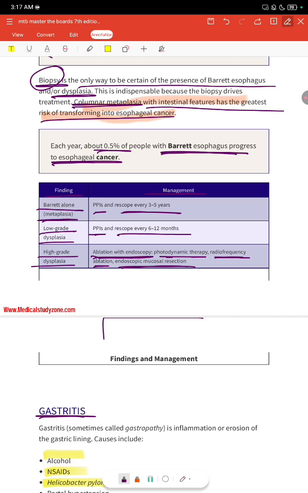Endoscopic ablation is basically using an endoscope to deliver energy that destroys abnormal tissue inside the GI tract. No surgical cuts. All done through the mouth or anus with a scope. So the precancerous lining in the lower esophagus is ablated in these cases, because it prevents esophageal adenocarcinoma from developing.